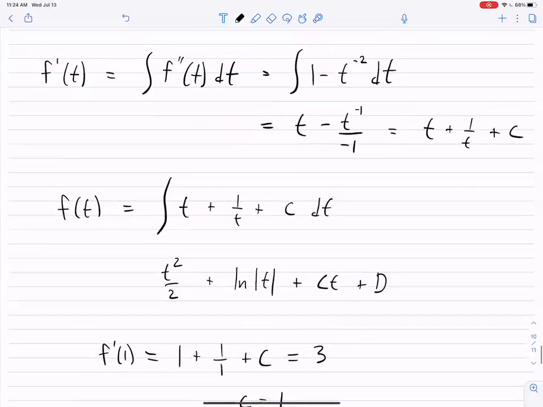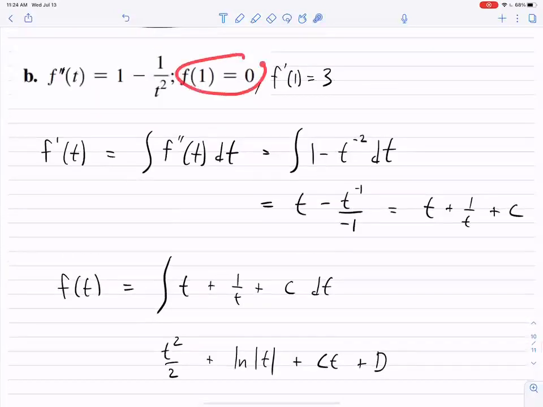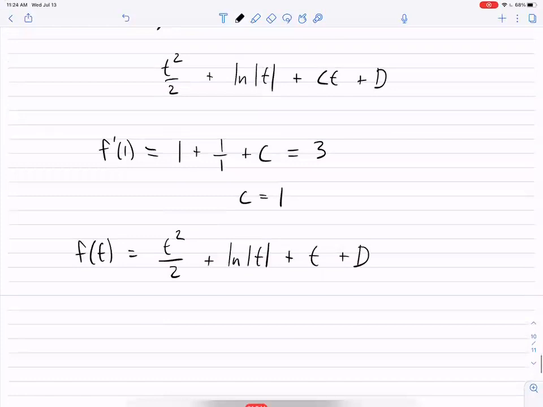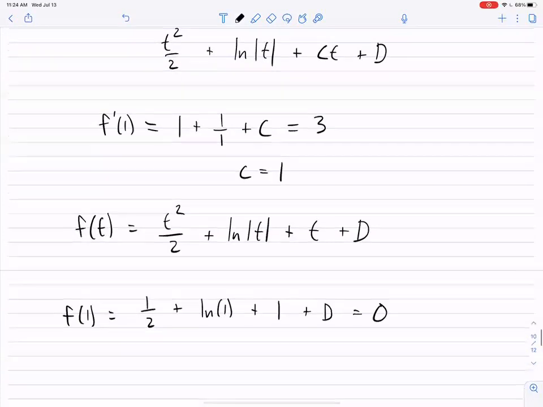And now we can plug in this initial condition that f of 1 is 0. So f of 1, which is 1 over 2 plus ln of 1, which ln of 1 is 0, plus 1 plus d is equal to 0. And so this becomes 1/2 plus 1 plus d equals 0.